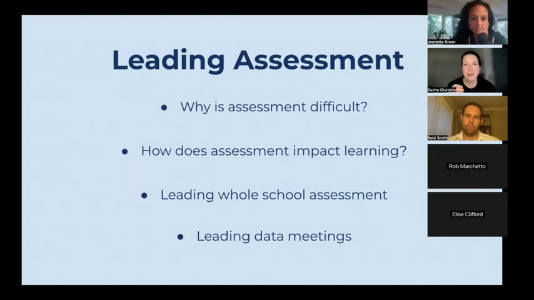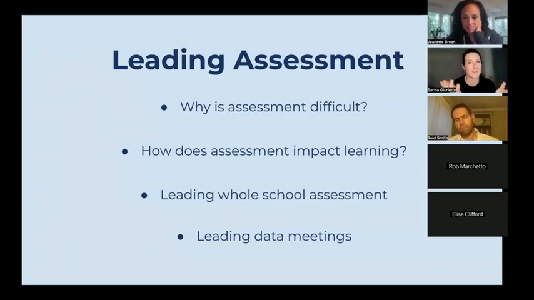How does assessment impact learning? It's really important to be assessing students often and well because it does actually improve their learning. The very nature of giving an assessment can actually improve students' learning. Leading whole school assessment is a really important role in the school, and big decisions we're making about students or about our school direction should come from looking at all of the data at once.